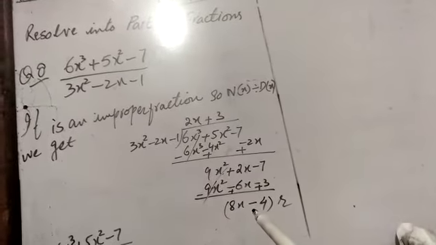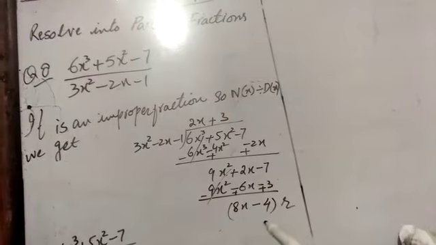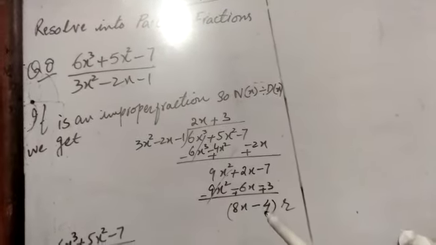Now the degree of the remainder is less than the divisor, so it is not possible to divide further.